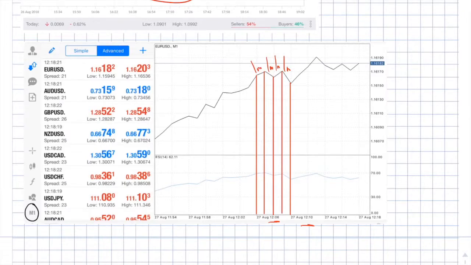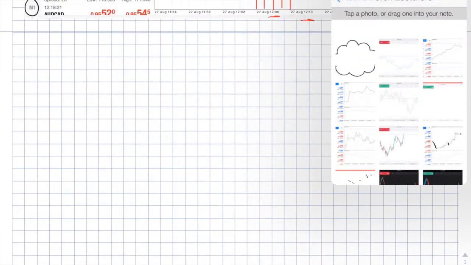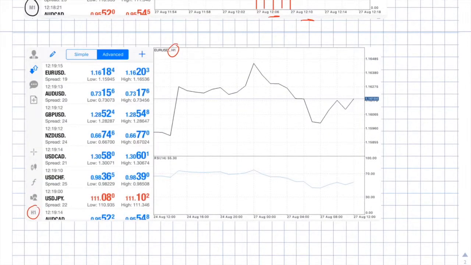Now, what if I change the time frame to 1 hour? If you look at this new figure, on the bottom left you can see it says H1, which represents a 1 hour period.